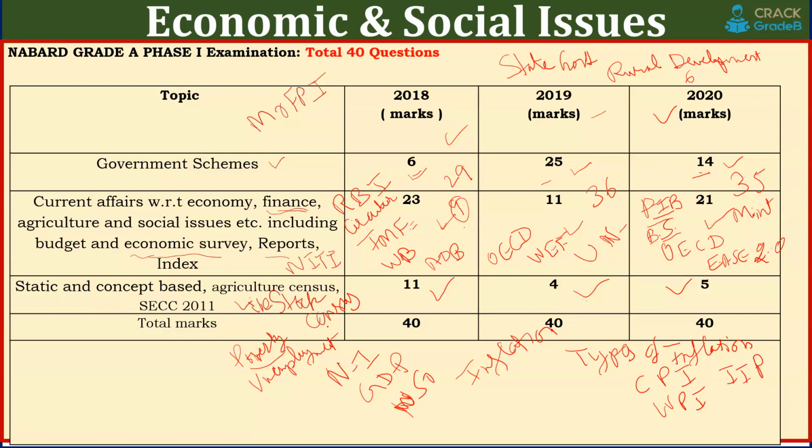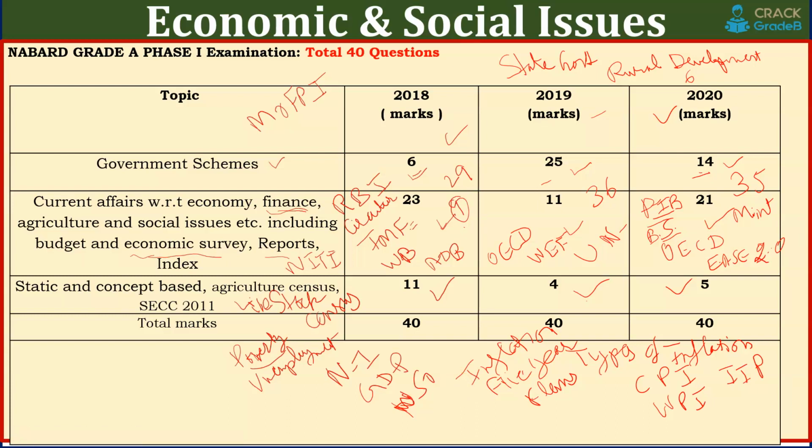And one more thing you can cover, the 5-year plan history. Sometimes a question is asked from the 5-year plans, so you can study the 5-year plan history. These are the static parts from where questions are being asked in the ESI paper.